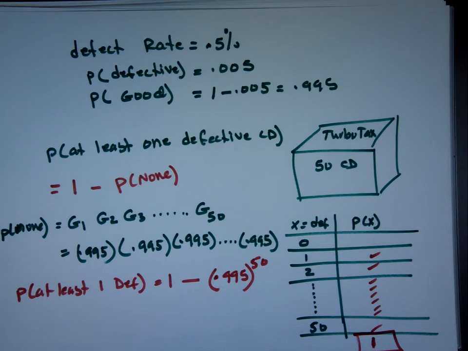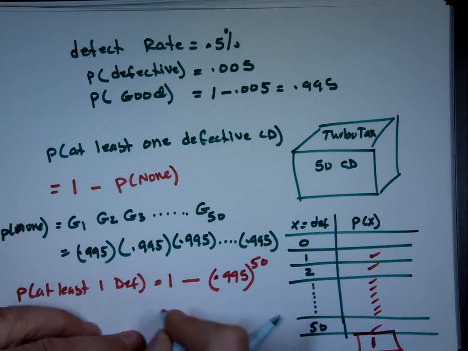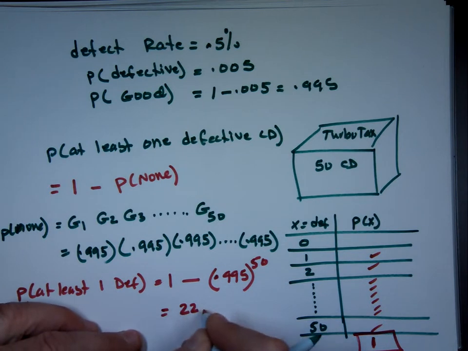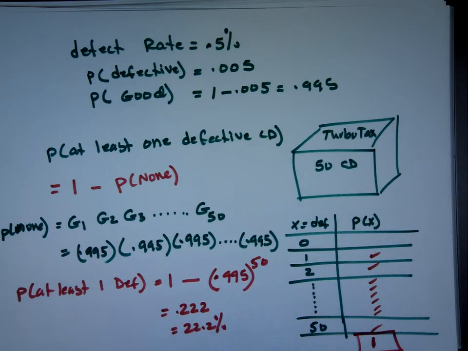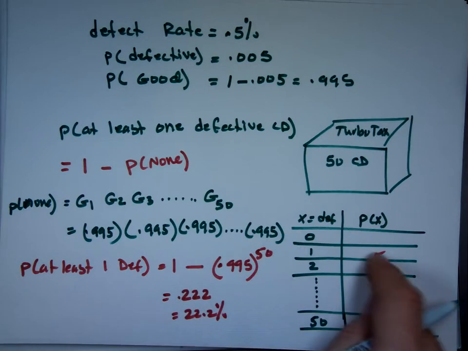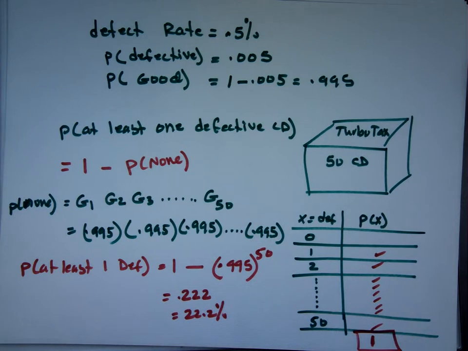Oh, gotta turn it on. That's 0.222. So there's a 22.2% chance that at least one CD will be defective. Again, without having to find the answer to each one of these.